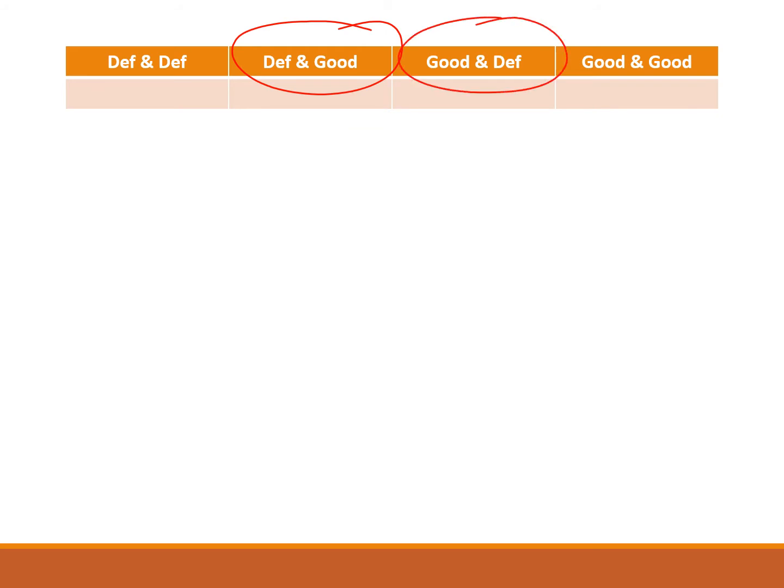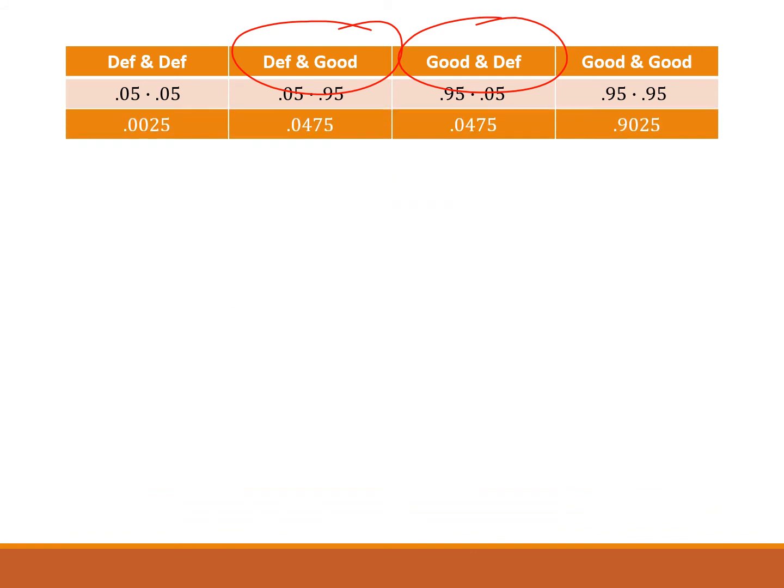So now let's look at the math on how we do each combination. Obviously defective and defective, we know how to do that one because it's 5% times 5%. Defective and good is 5%, 95%. Good and defective is 95%, 5%. And good and good, we learned how to do that. That's just the math for each one. And I want you guys to notice something.